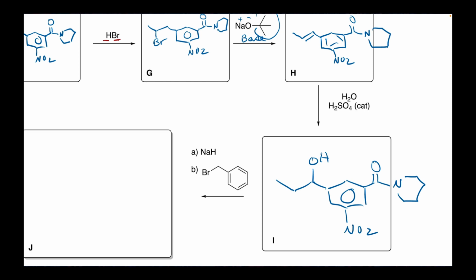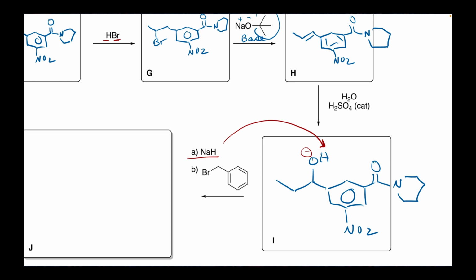Then, finally, sodium hydride reacts with an OH group to do what? Peel off water. Doesn't peel off water. This is taking the proton off to make a minus charge on oxygen.